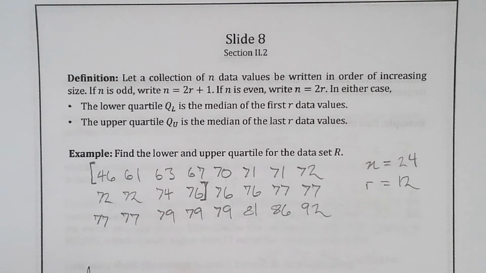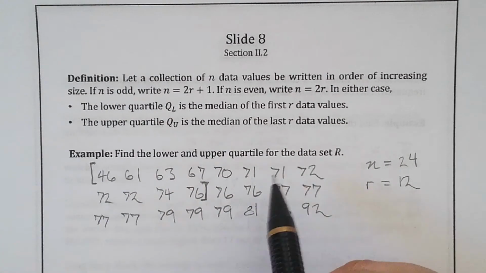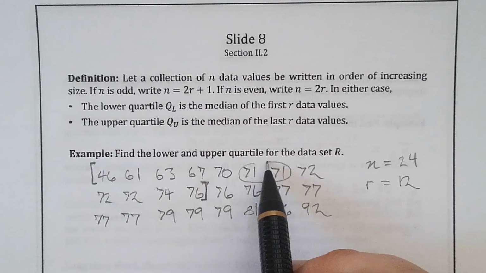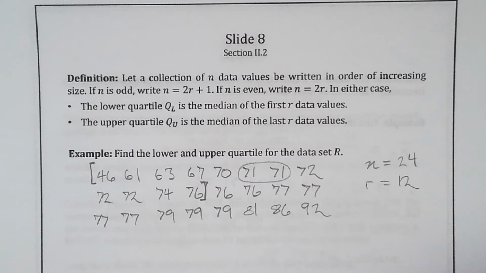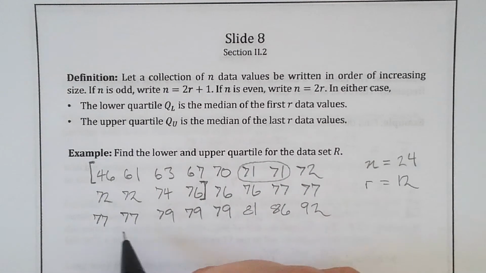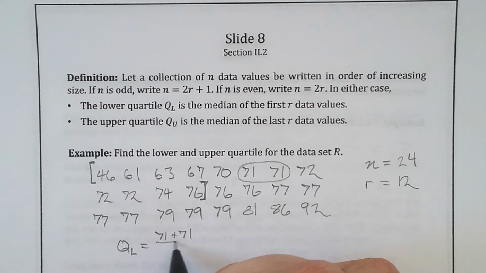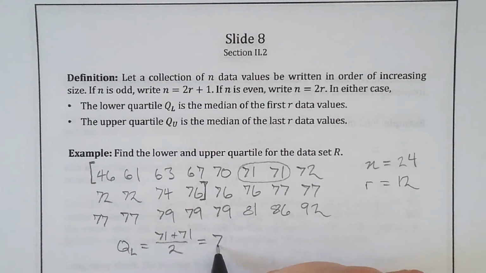That means I'm going to be averaging the two middle scores of this set of 12, the sixth and seventh. But they're both 71. So lower quartile, 71 plus 71 over 2, which is 71.